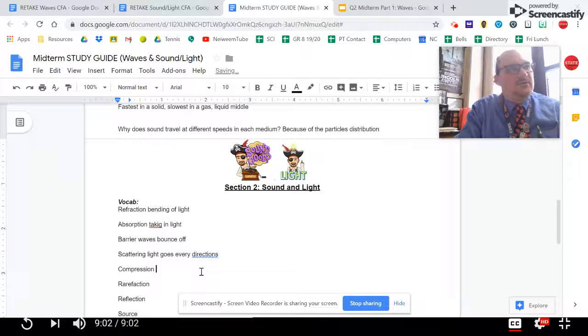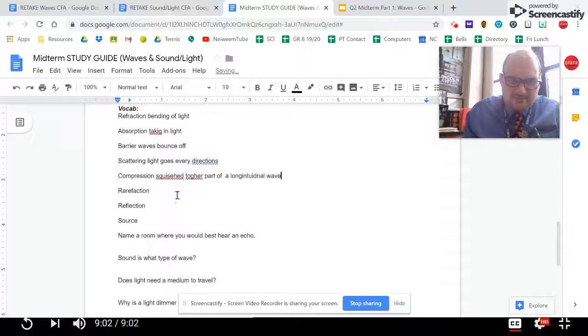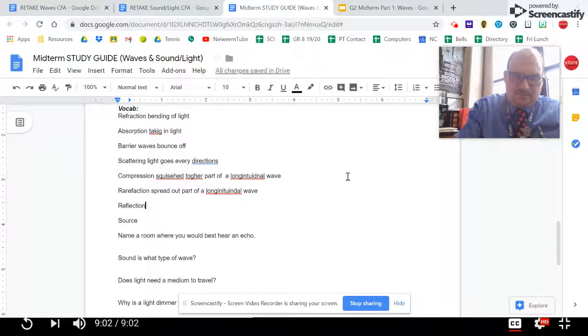Compression, squished together part of a longitudinal wave. Rarefaction, spread out part of a longitudinal wave. I know there's some spelling errors in here.